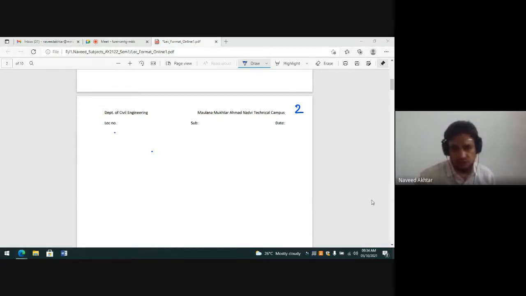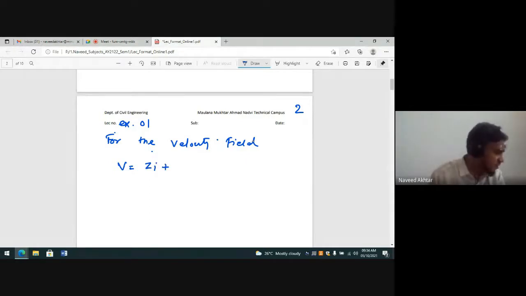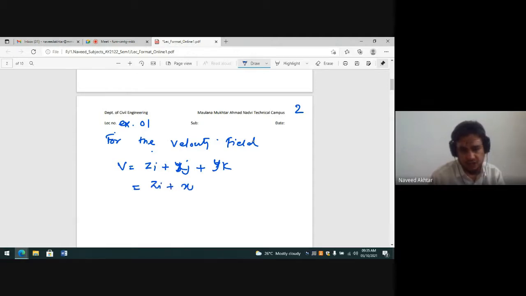Write down the example. For the velocity field V = zi + xj + yk, this is the velocity field given.